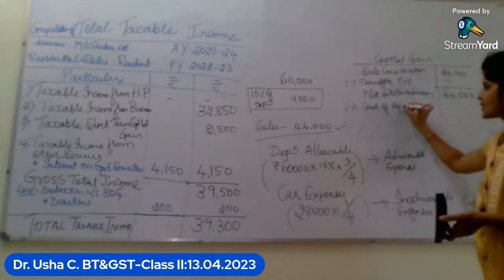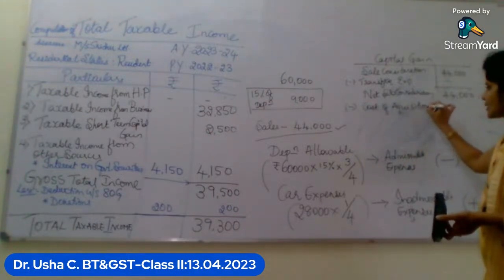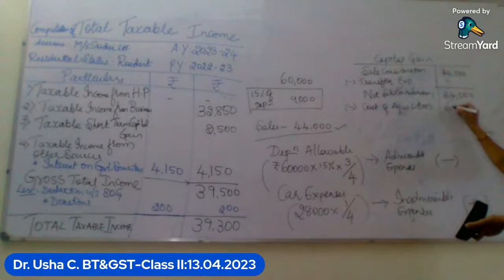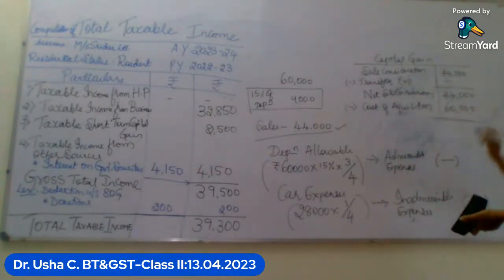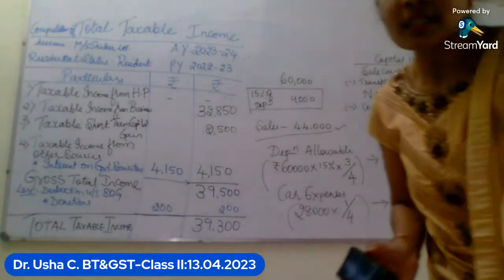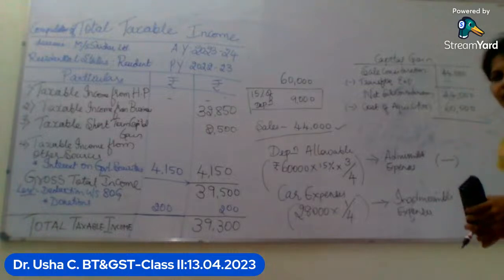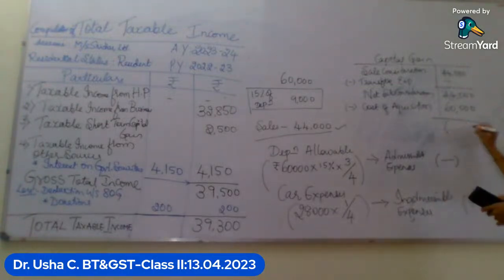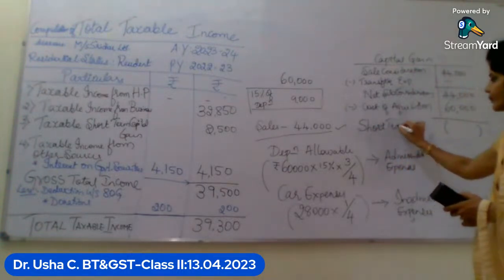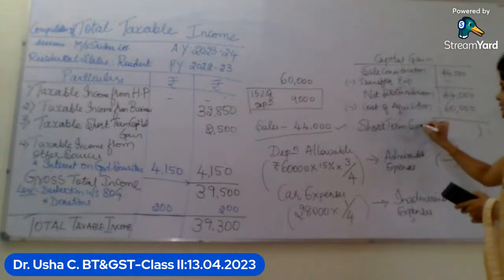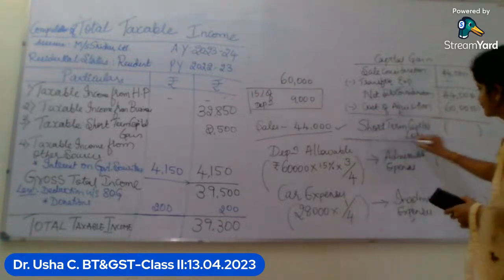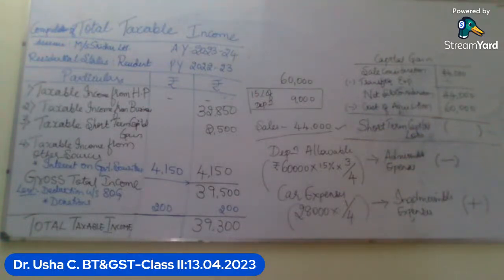So now deduct the cost of acquisition. What is the amount of cost of acquisition? Acquisition is the purchase cost, correct? So the cost of purchase is 60,000. What is the balance? Are you getting the positive value? You are getting the negative value, correct? Negative value means short-term capital loss.